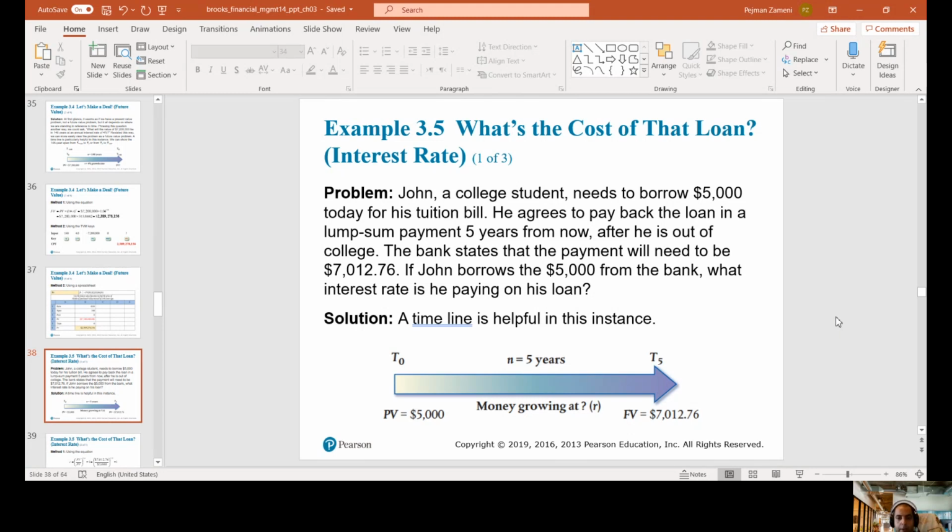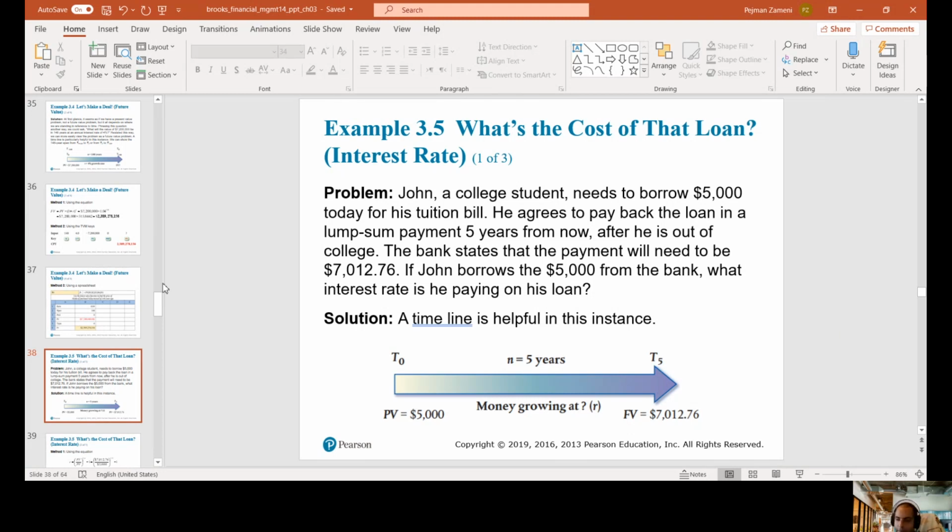He agrees to pay back the loan in a lump sum payment 5 years from now, after he is out of college. The bank states that the payment will need to be $7,012.76. If John borrows the $5,000 from the bank, what interest is he paying on the loan?